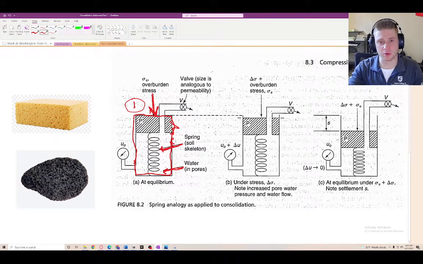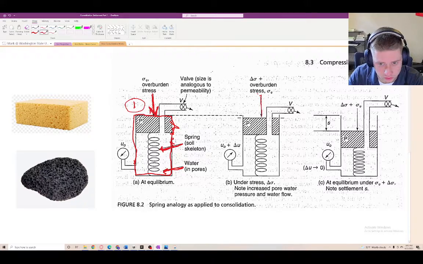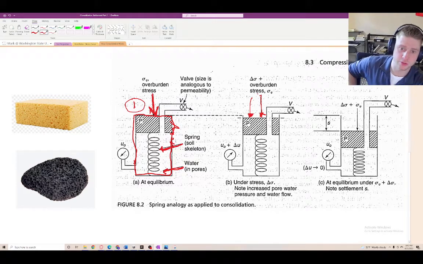Now when you put more load, as it shows here, if you put more load on it, you've got your original overburden stress, and then you've got your delta S, which is the added stress.